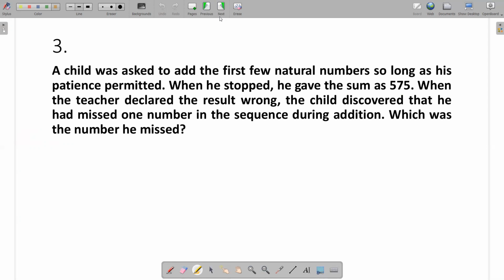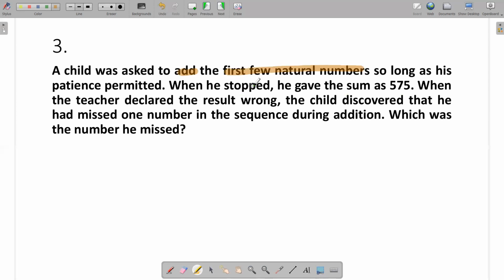In this question, we can see a child was asked to add the first few natural numbers, that is 1 plus 2 plus 3 plus etc., so long as his patience permitted.